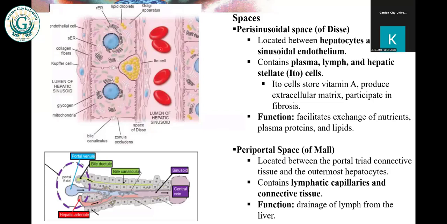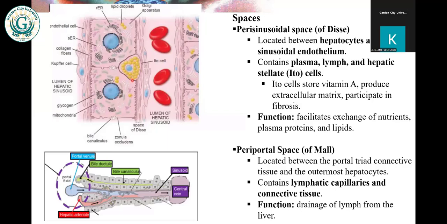And the nutrients and everything that is passing in the blood can also leave and enter the liver cells. So this is where exchange occurs, between the liver cells and the endothelial cells.